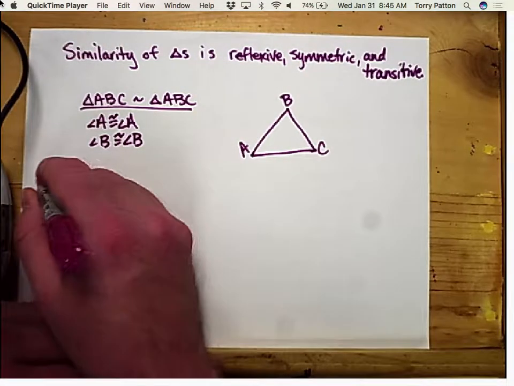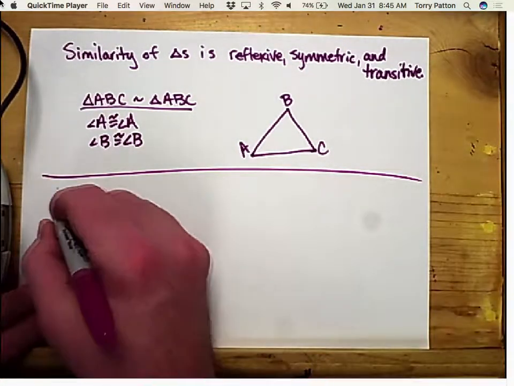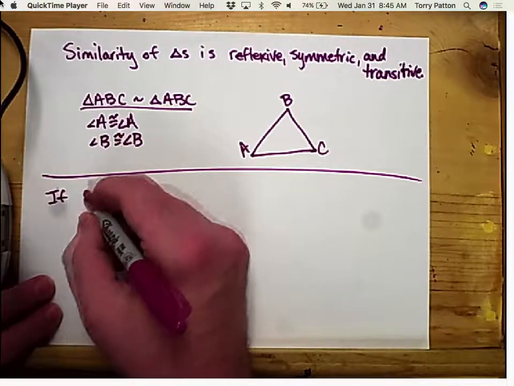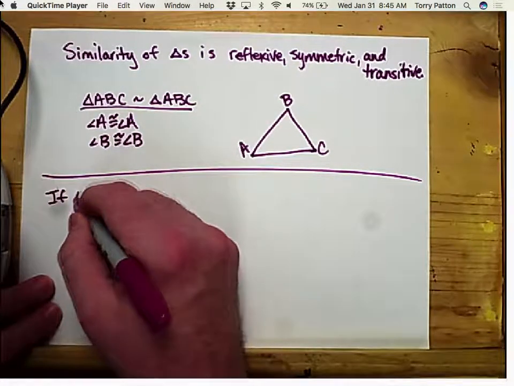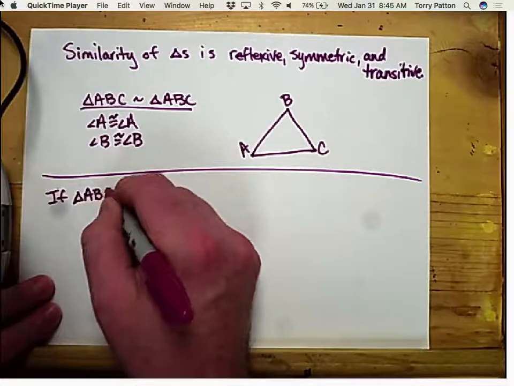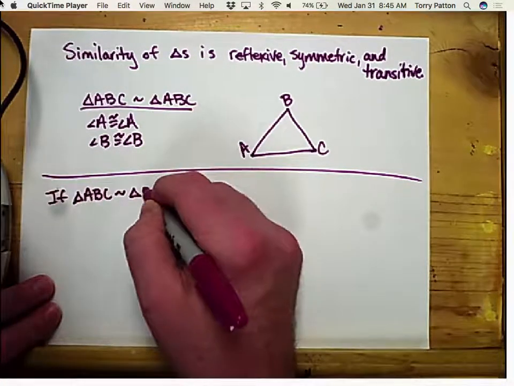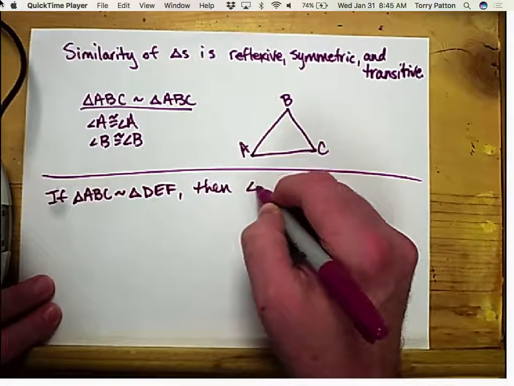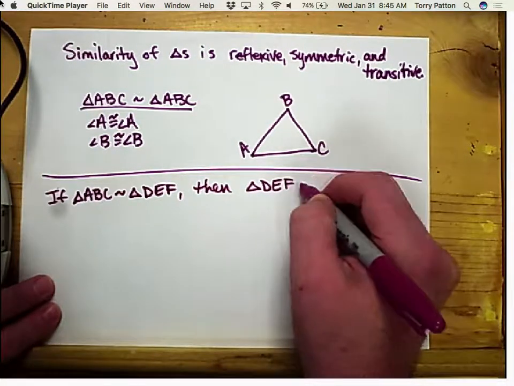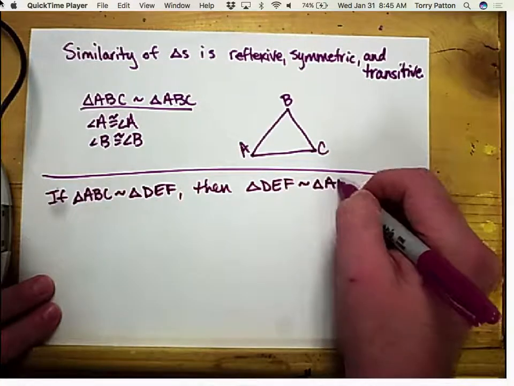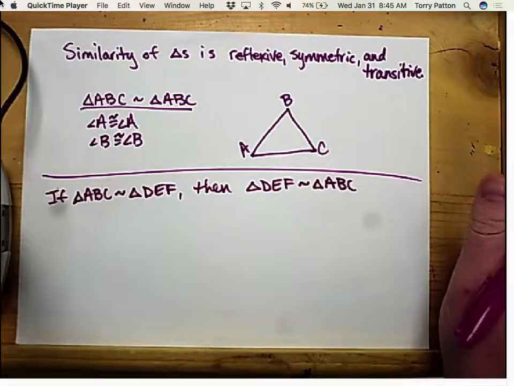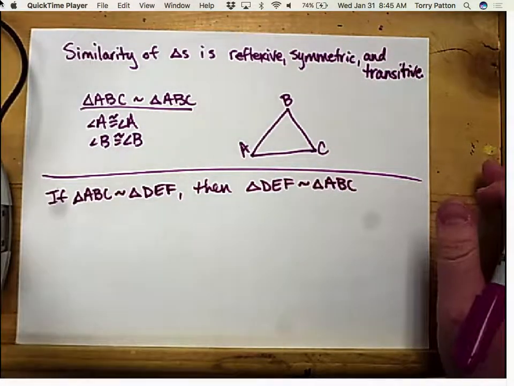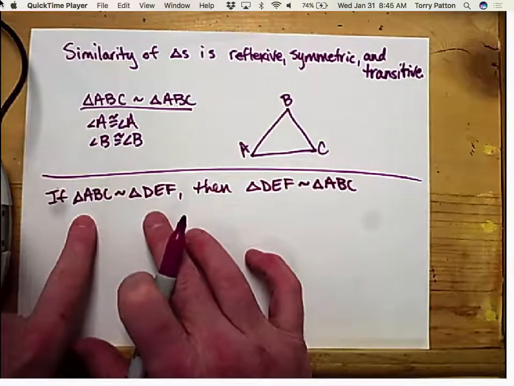All right, symmetric says if triangle ABC is similar to triangle DEF, then triangle DEF is similar to triangle ABC. Well, this one's easy too.